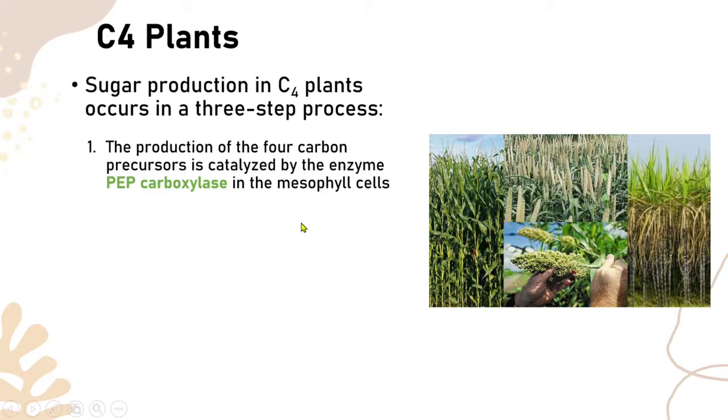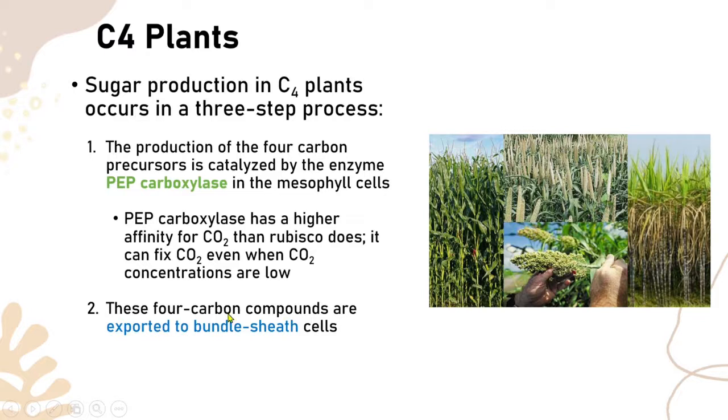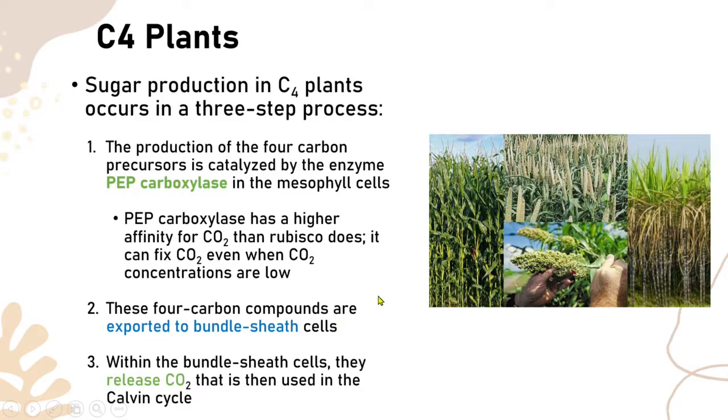There is a different enzyme called PEP carboxylase, the phosphoenol pyruvate carboxylase, which has a higher affinity to carbon dioxide, so it is able to catalyze the carbon dioxide more efficiently than Rubisco does. This 4 carbon molecule will then be exported to the bundle sheath, and the carbon dioxide will be released to the Calvin cycle.